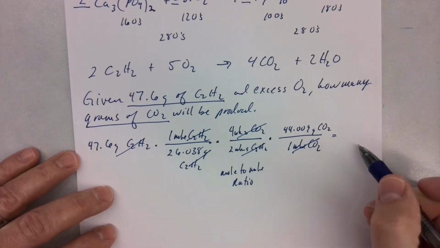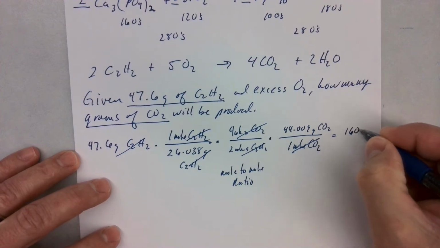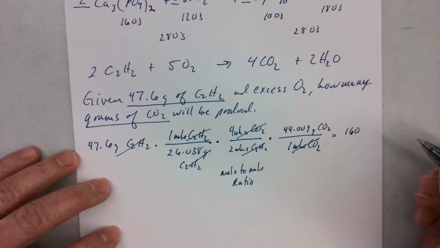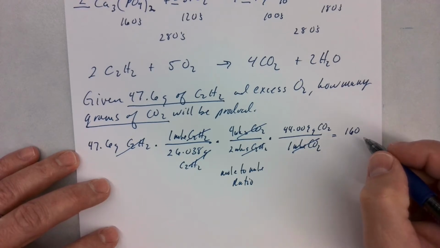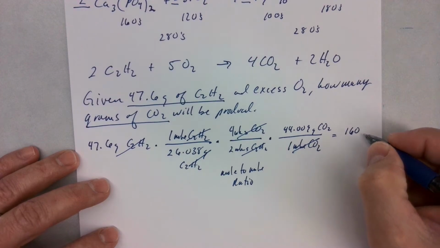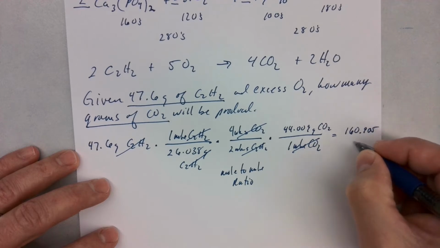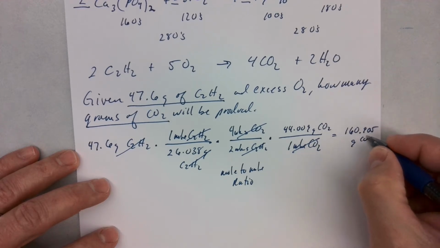Anybody get this value? 160. Do you want it in sig figs? Oh, what do you think? Probably. Give me the real number, the number your calculator gave you. 160.905 grams of CO2, right?